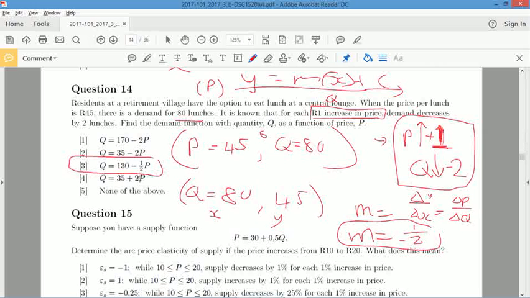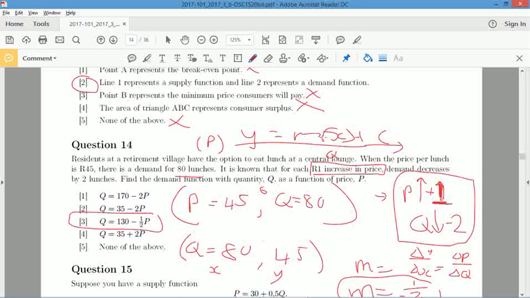We need to check the y-intercept. So how do I check the y-intercept? Well, I need to solve for it. So now I've got y, which we know is 45. So y equals mx plus c. If I rearrange this, it'll be p equals mq plus c.